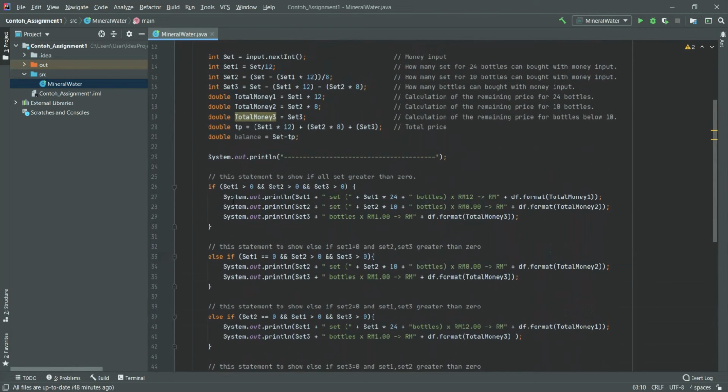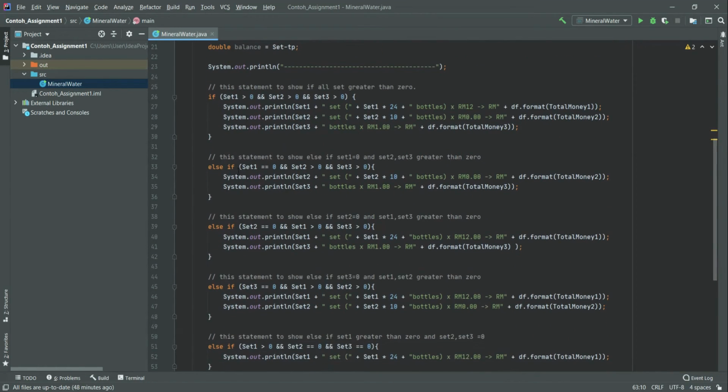First I'll do this statement to show if all sets are greater than 0. That means set 1 greater than 0 and set 2 greater than 0 and set 3 greater than 0. And this is the calculation program.